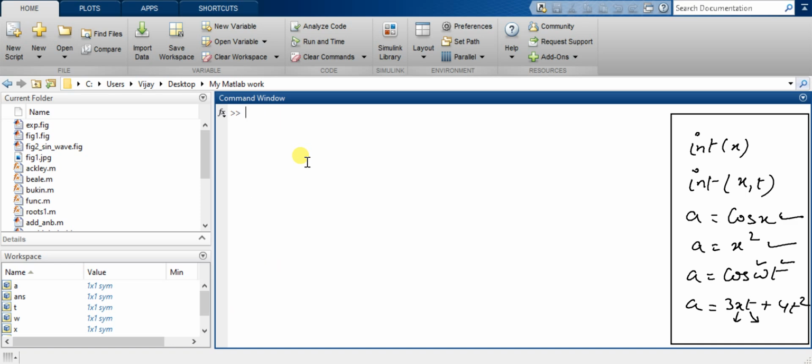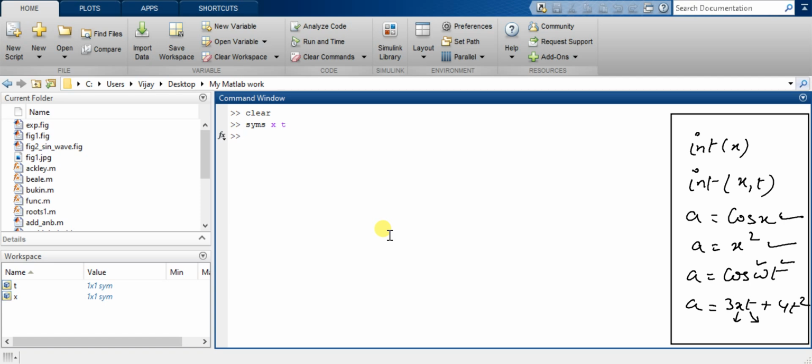So the next example is, we have two symbolic variables in this expression, that is x and t. So first wipe out the workspace. Now first define syms, two symbols, that is x and t.